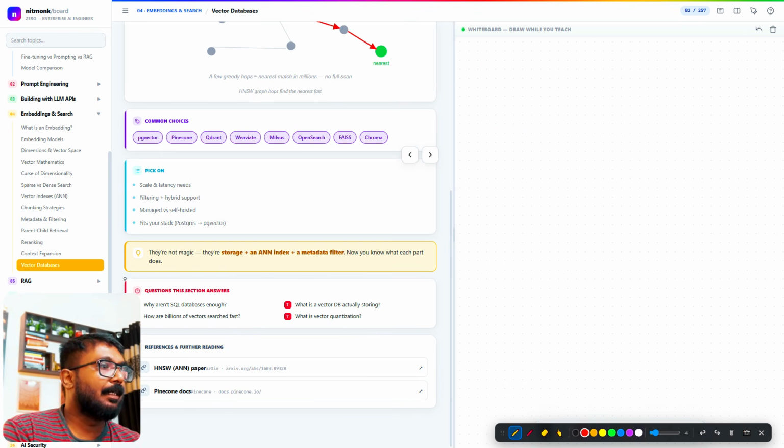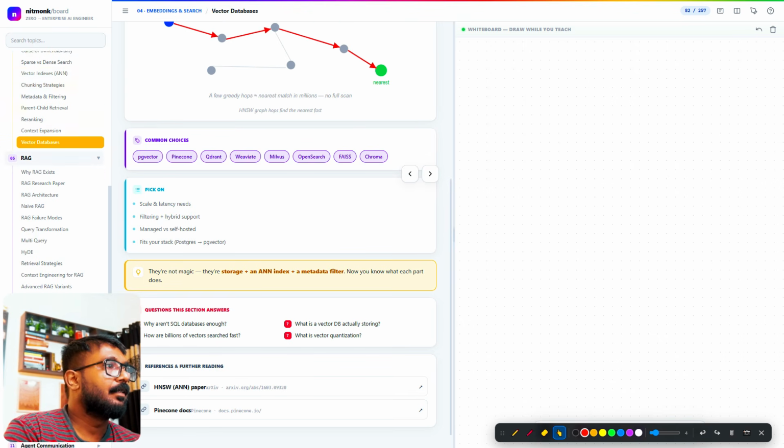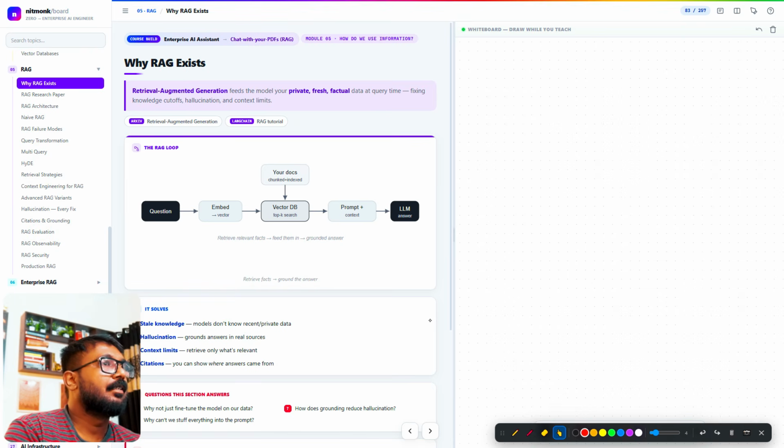Now, let's move to RAG. One of the most important parts I want to tell you is what RAG is and why RAG exists. First of all, we need to understand one sentence, that is RAG. Once you understand it, this will be very helpful.